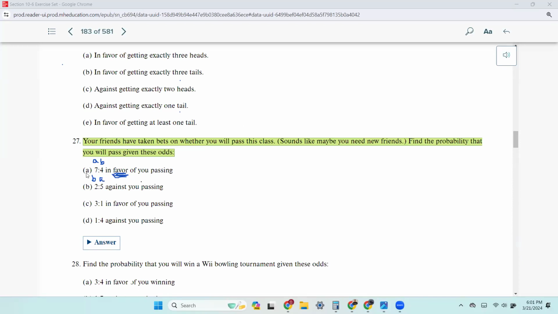Okay. Now that we got these, then this is really a simple way to handle. So probability of pass is equal to, so I'm going to make a fraction.